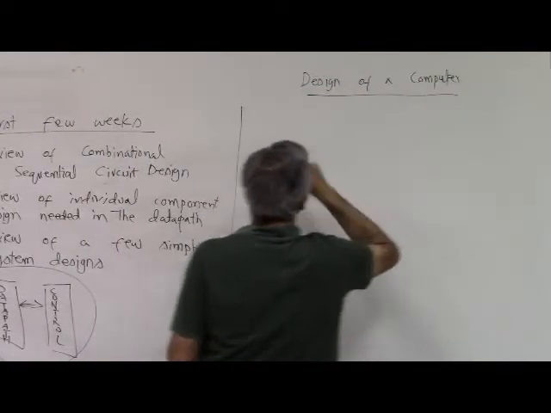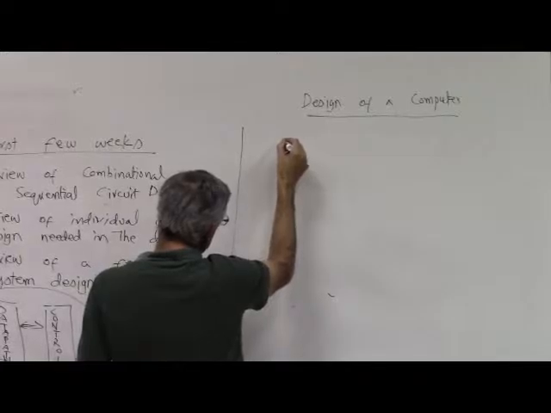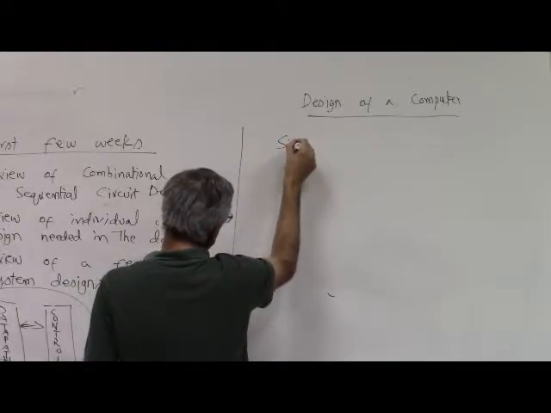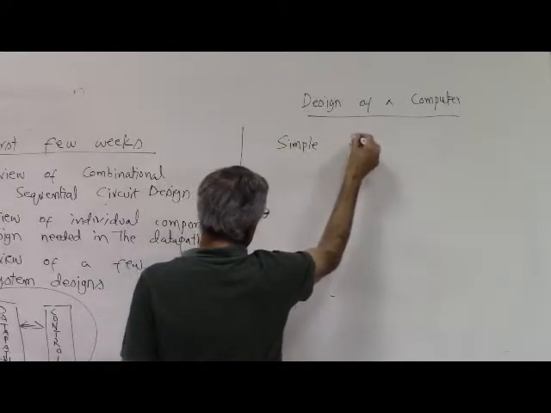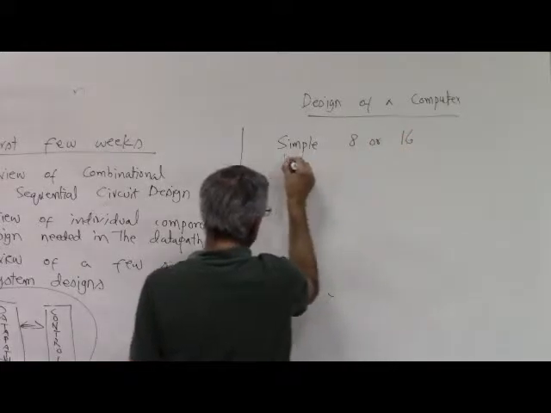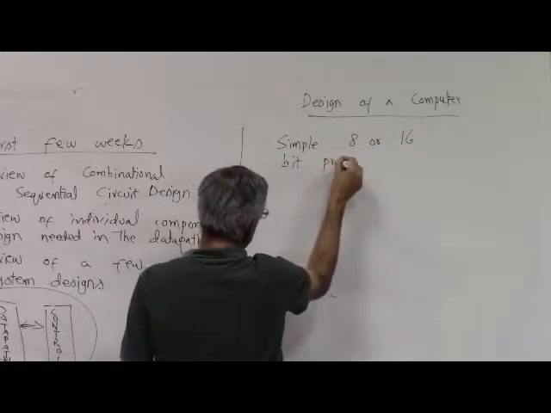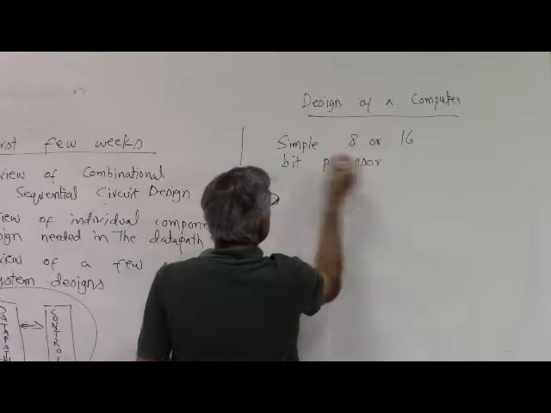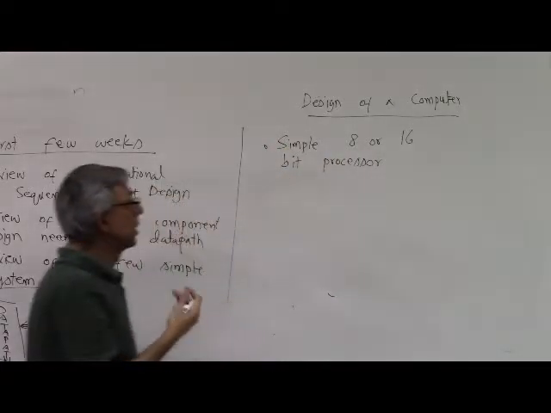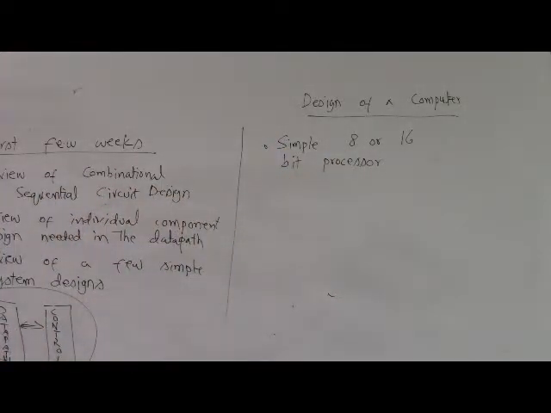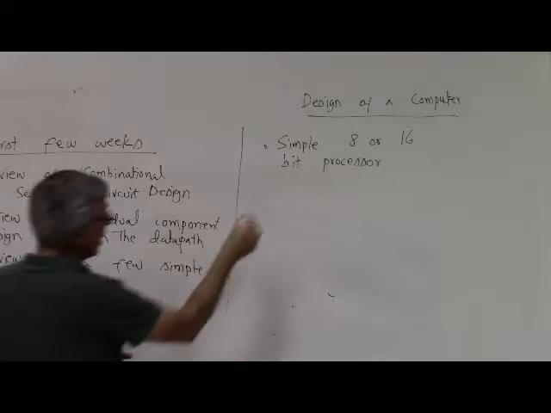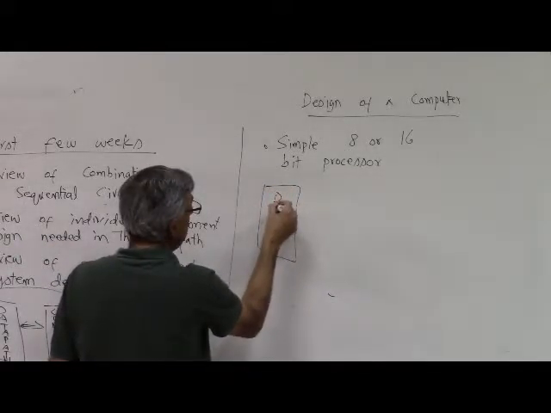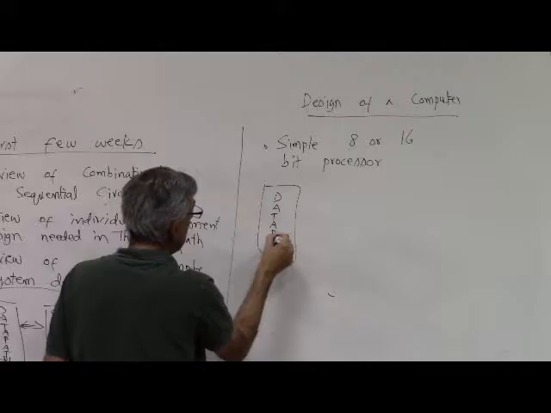Okay, so what I'll do is I'll start with a simple 8 or 16-bit processor. As you will see, it will have a data path in it. It will have a control in it.